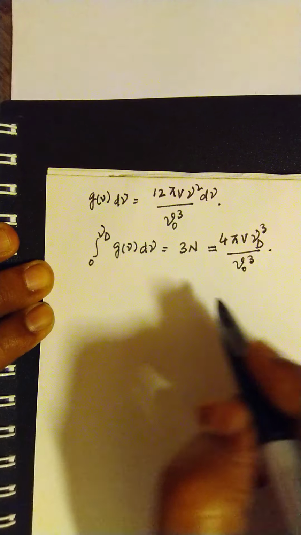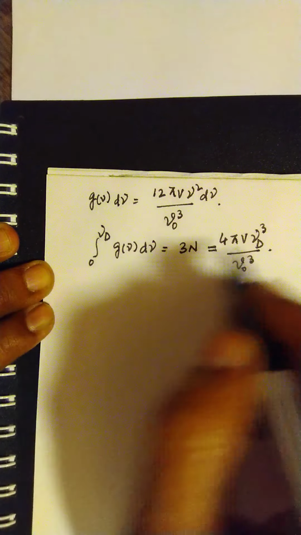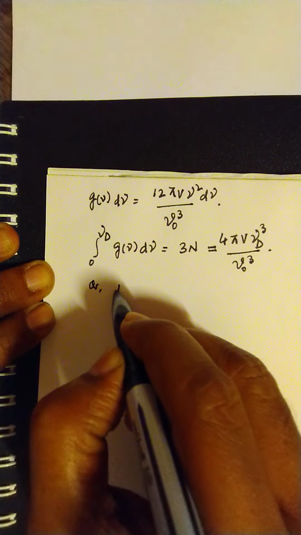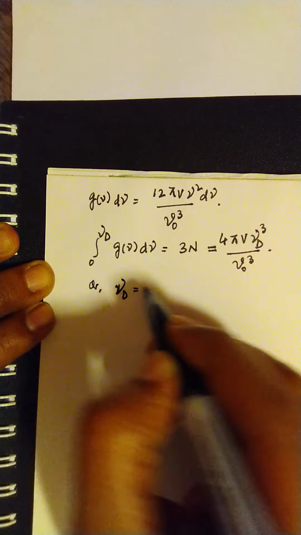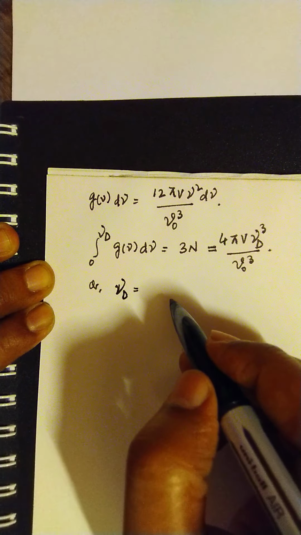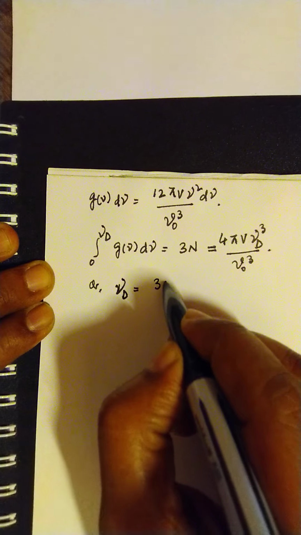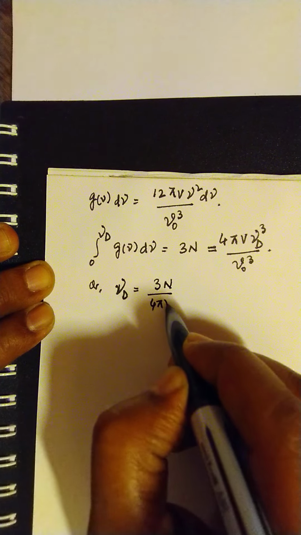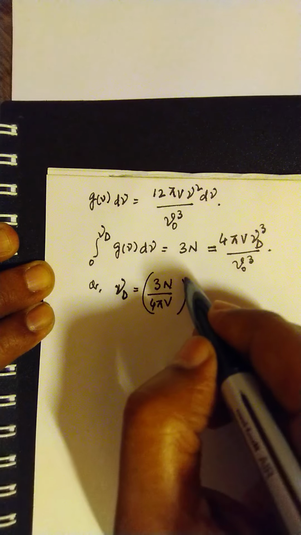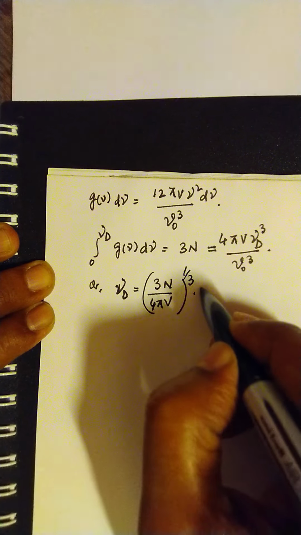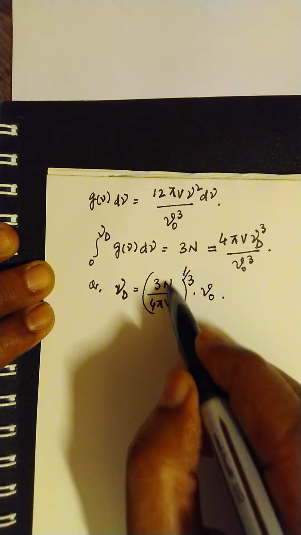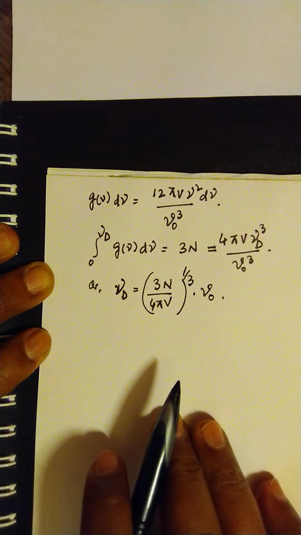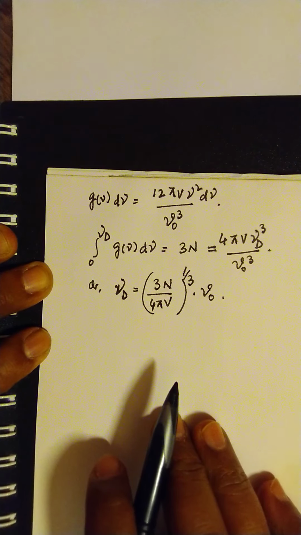And from here we can do the analysis and have an estimate of the Debye frequency nu_D, and that turns out to be (3N by 4 pi V) to the power 1/3 times v0.